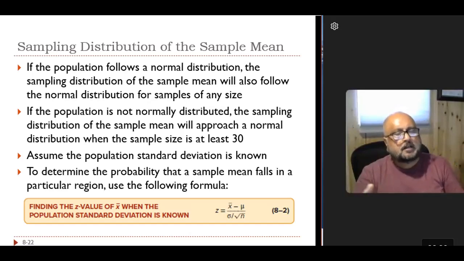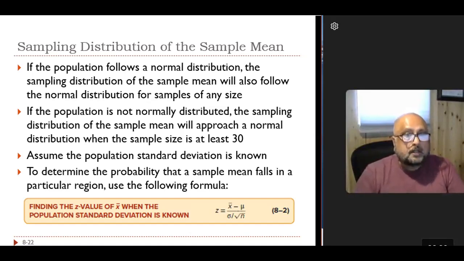There are conditions here. In one scenario you have the population standard deviation, and in the other scenario you do not know the standard deviation for the population.